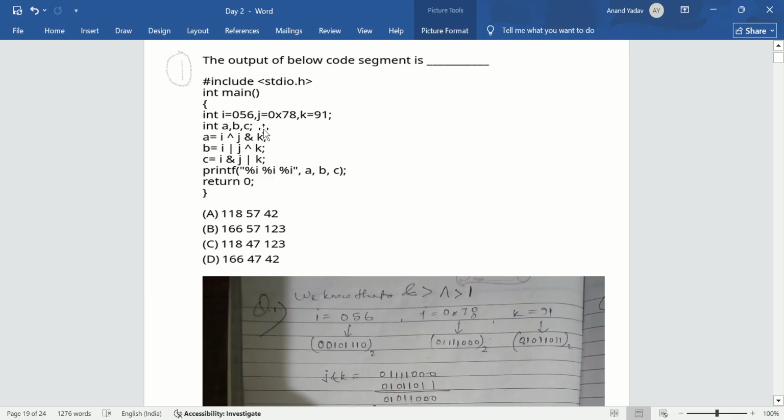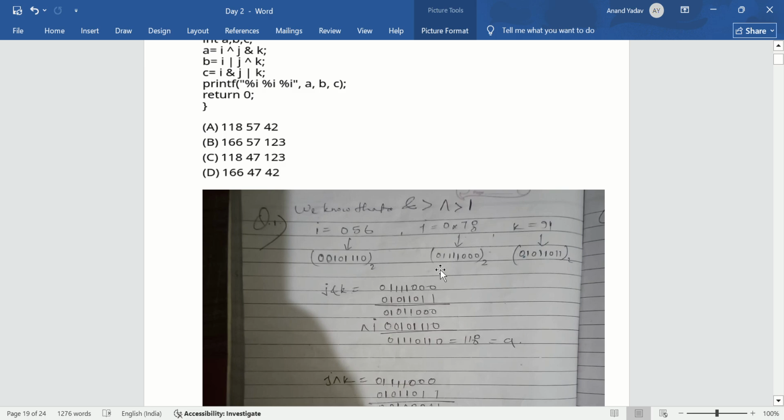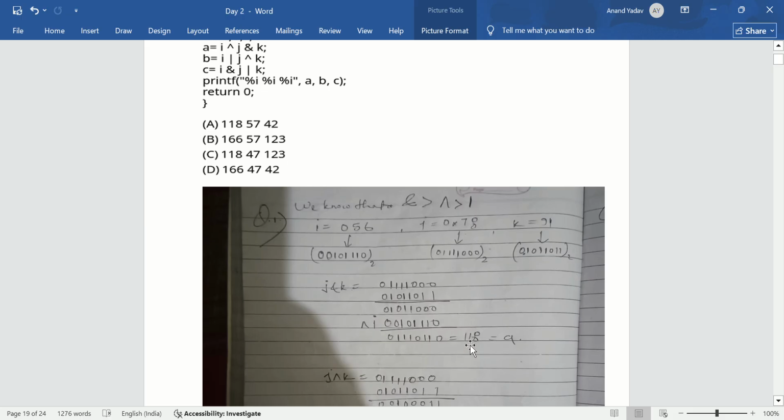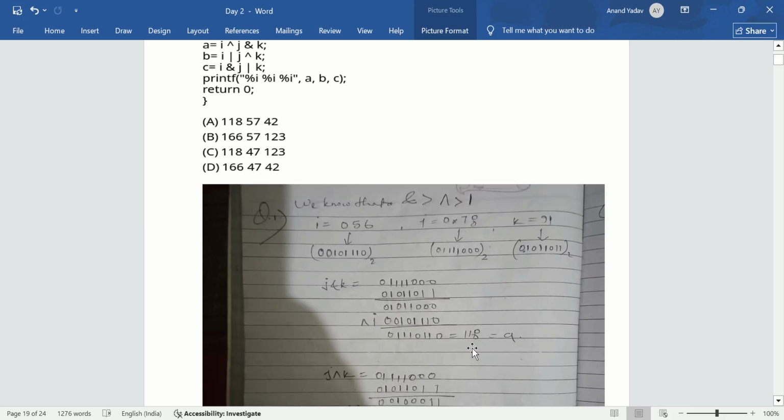Here I is given in decimal form, J in hexadecimal form, and K equals 91 in decimal form. Then I convert to binary form, perform the AND operation and then the OR operation. So A is obtained as 118.